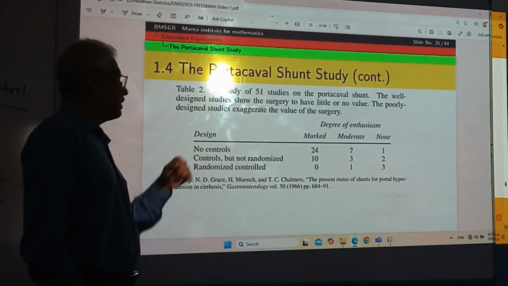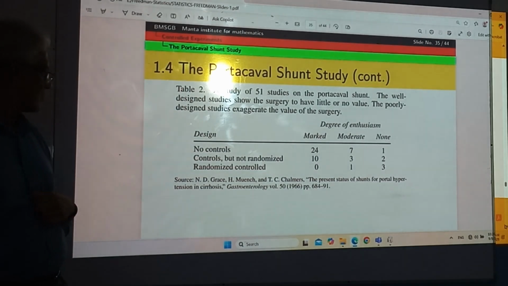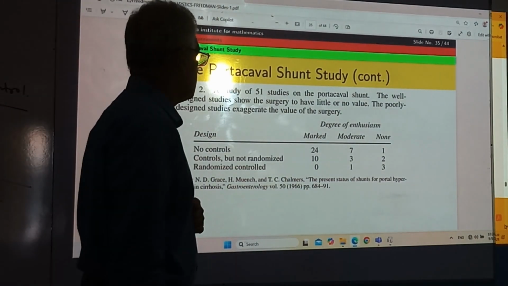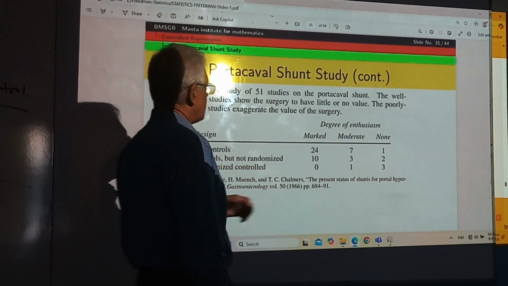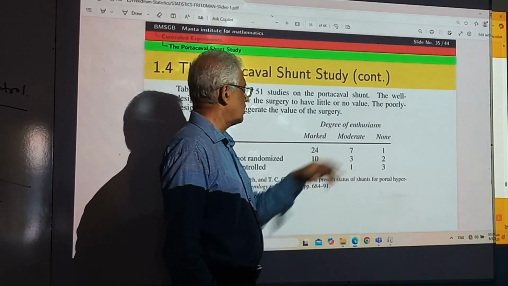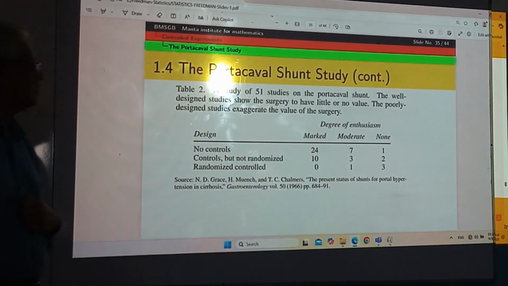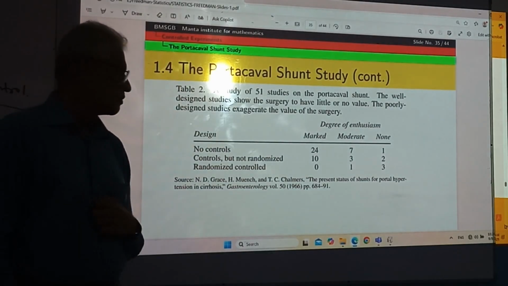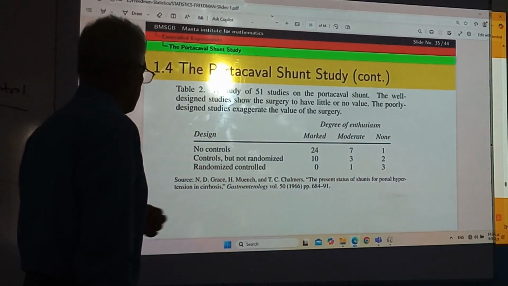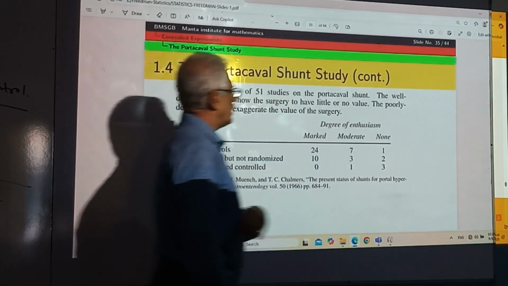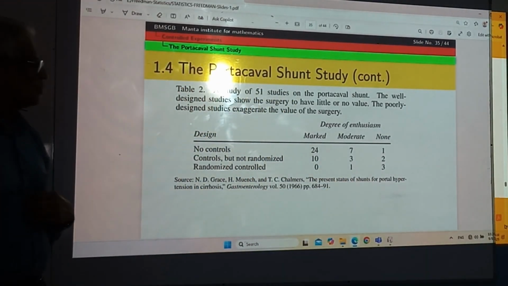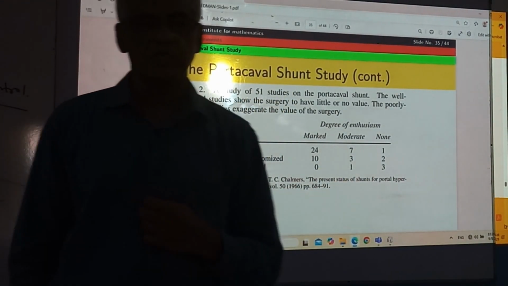But when they did a few randomized controlled experiments, they didn't see any marked improvement cases. There was 1 moderate improvement and 3 no improvement cases.